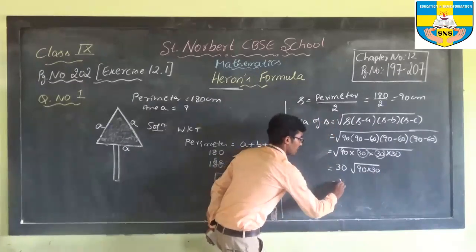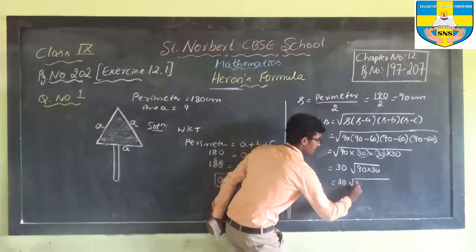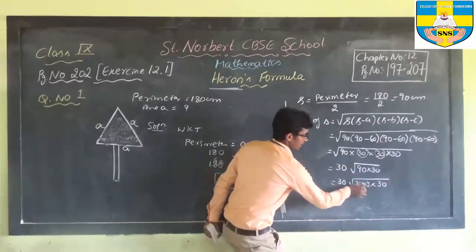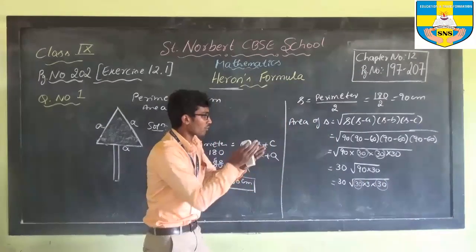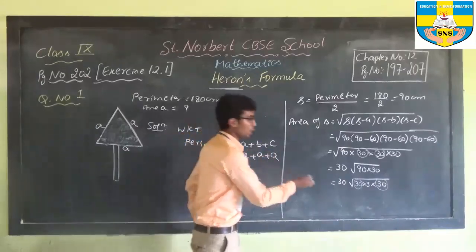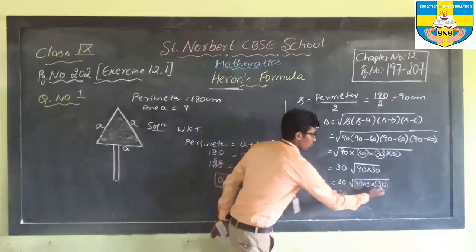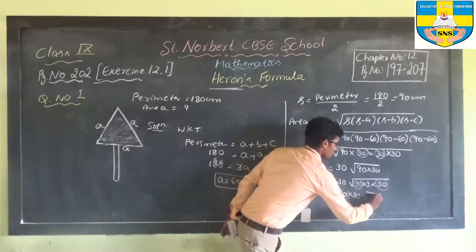Again, 90 can be written as 30 into 3, so 30 into 3 into 30, right? Then I am making two numbers one group, and from that group we can send one number outside the square root. It will become 30. This 30 is already outside, so one more 30 comes into the calculation, and the remaining is root 3.